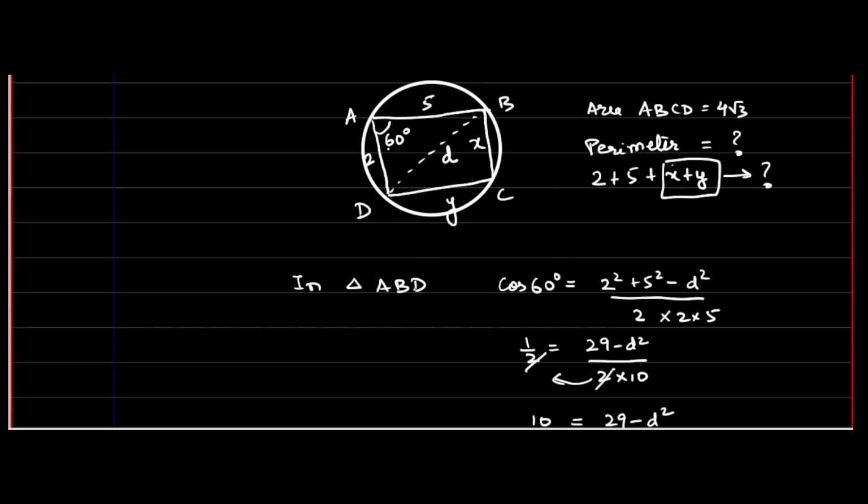Now in a cyclic quadrilateral, opposite angles are supplementary. That means their sum is 180 degrees. So if angle A is 60, angle C will be 180 degrees minus 60 degrees, that is 120 degrees.